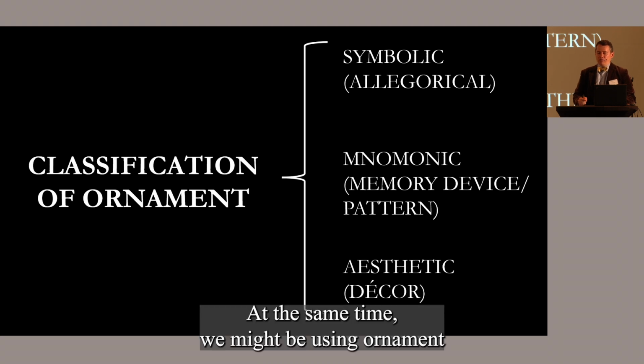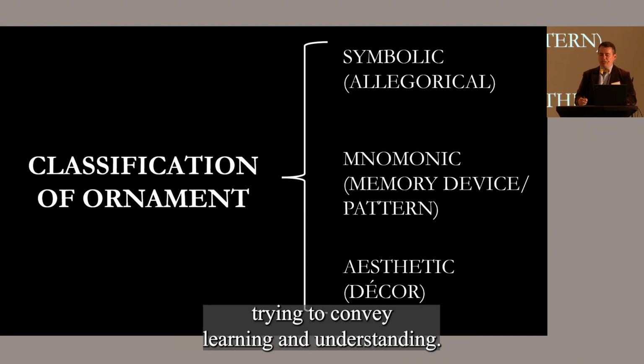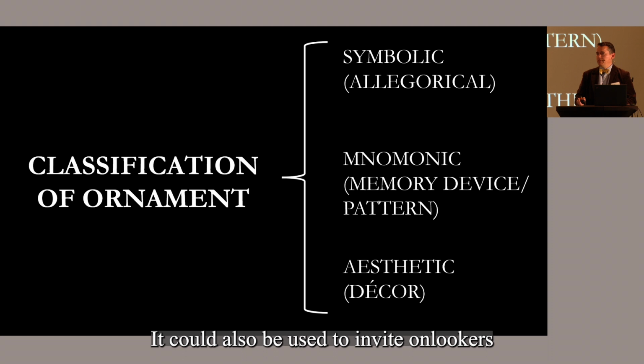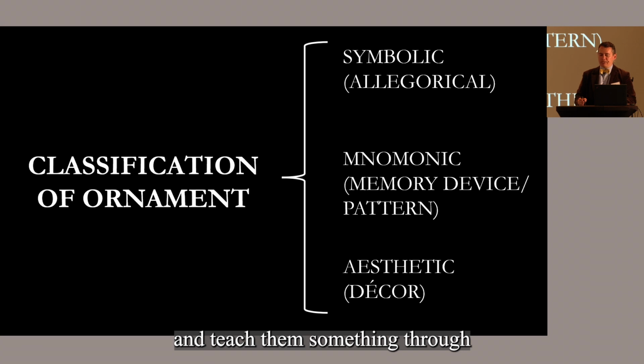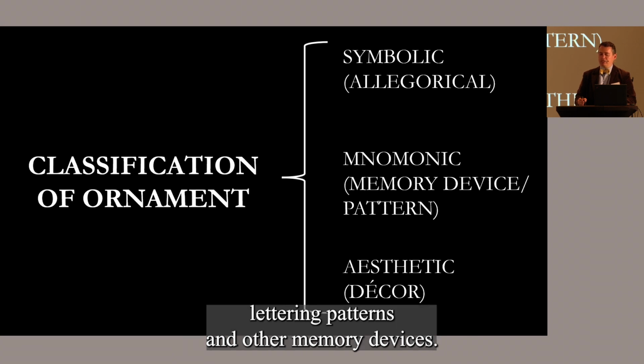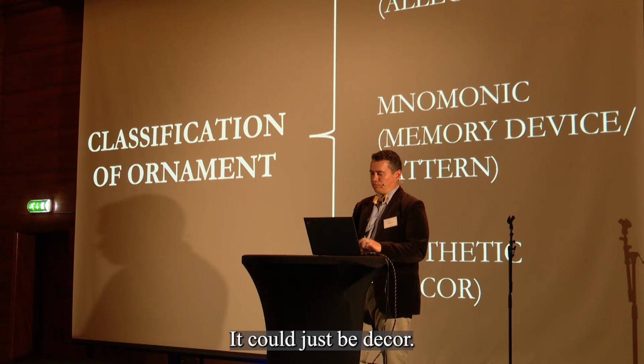At the same time, we might be using ornament as a mnemonic or memory device, trying to convey learning and understanding. It could also be used to invite onlookers and teach them something through lettering, patterns, and other memory devices. Lastly, it's the aesthetic component. It could just be decor.